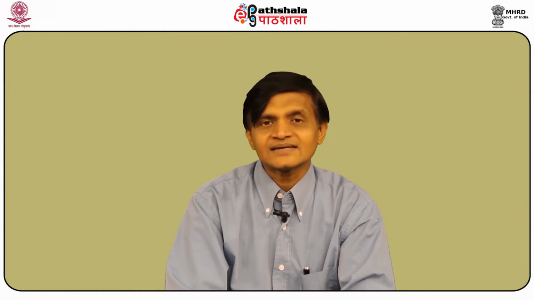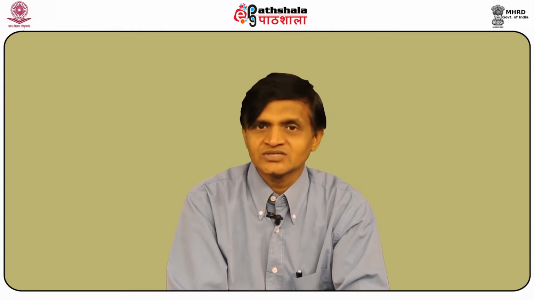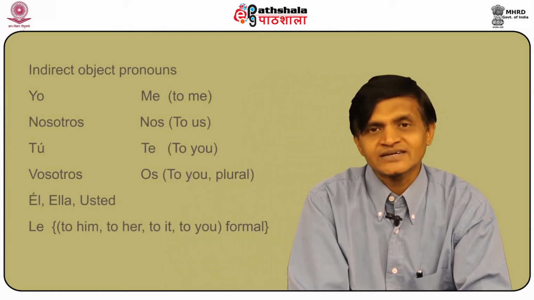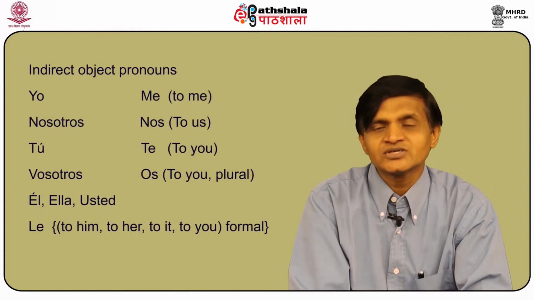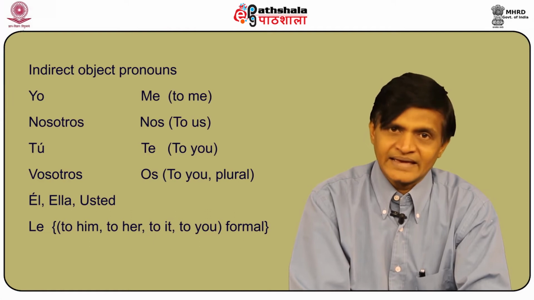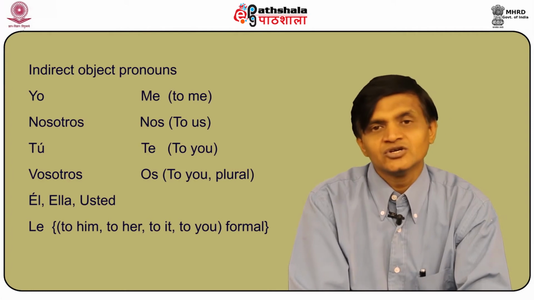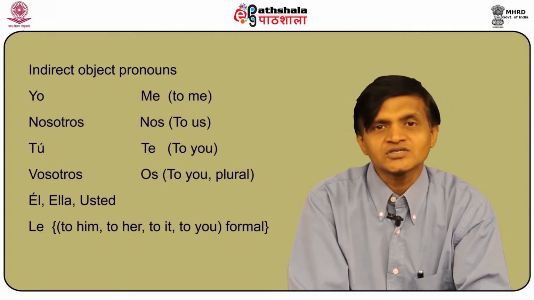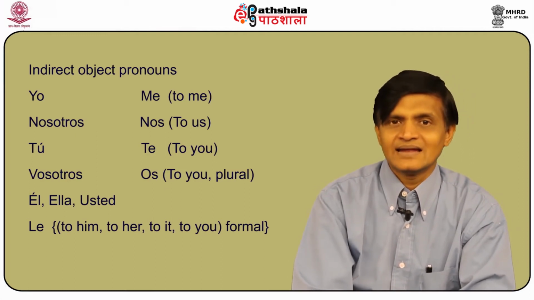Now let us move on to another aspect which comes with the direct object pronouns. That is the indirect object pronoun. The indirect object pronouns replace indirect object nouns. Forms of the indirect object pronoun are: yo, me, to me; nosotros, nos, to us; tú, te, to you; vosotros, os, to you, plural; and él, ella, usted is le, les.